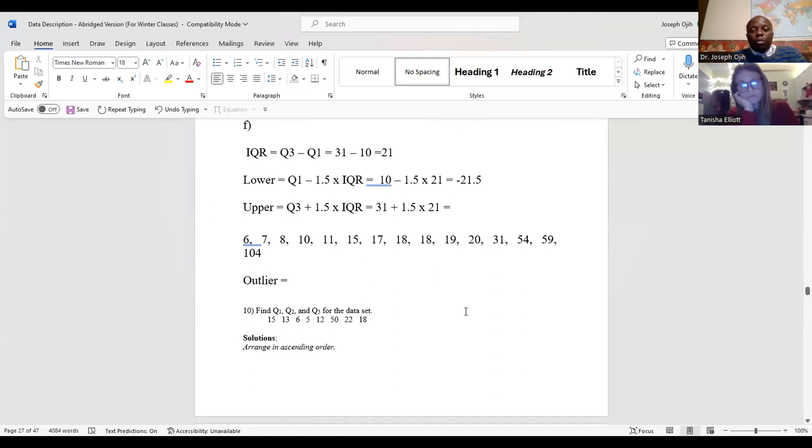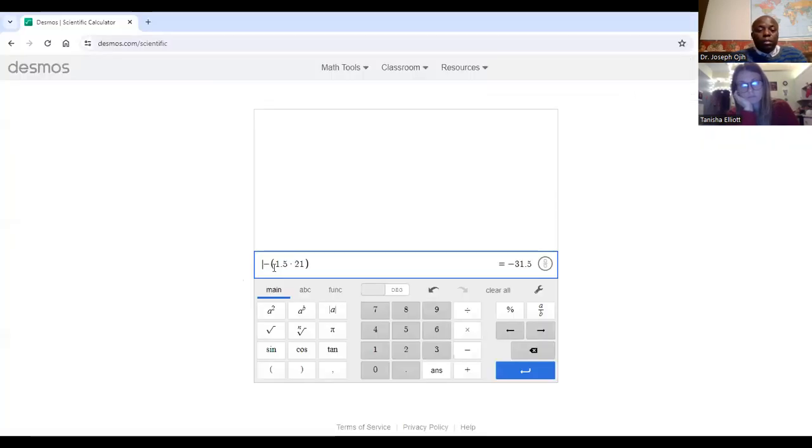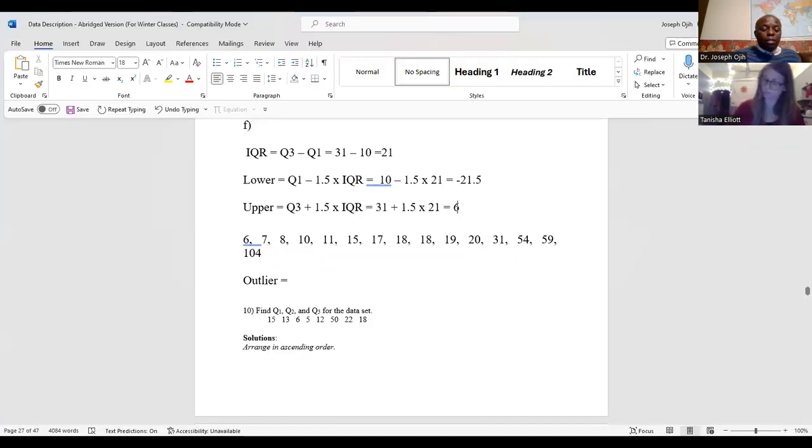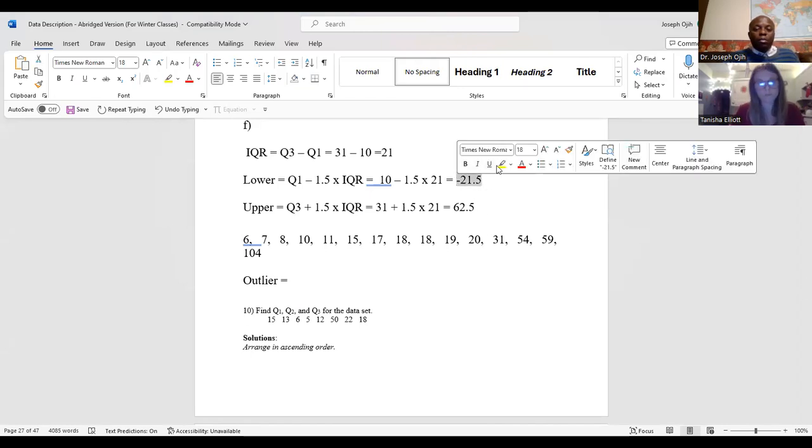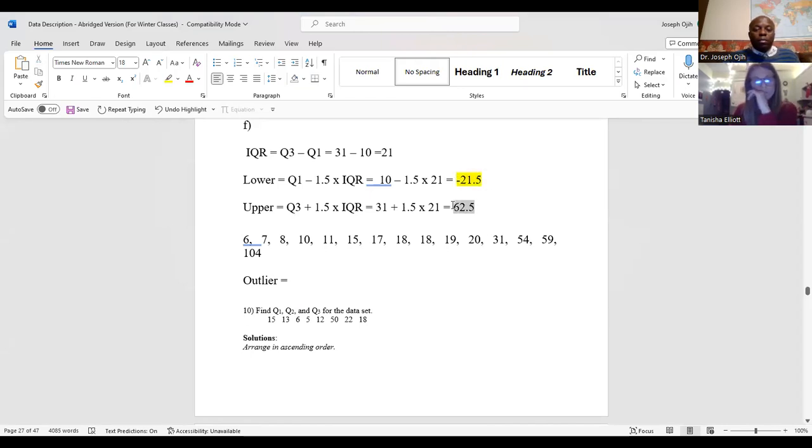So 31 plus 1.5 times 21, you get 62.5. So this is the lower bound, and this is the upper bound.